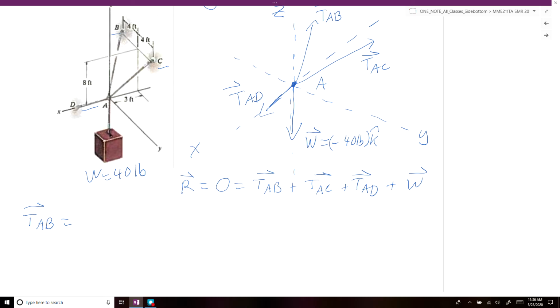We can use those dimensions that the problem gives us to calculate the percentage of the force TAB that would go along the x, y, and z axes. To do that, we'll multiply the magnitude of vector TAB times the unit vector from point A to point B. So we're going to calculate UAB.